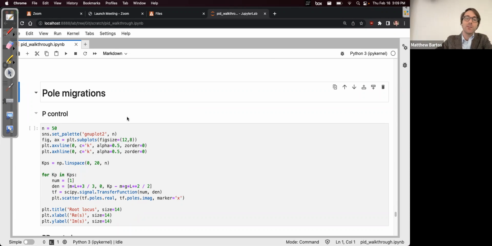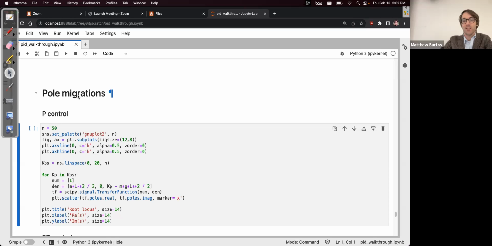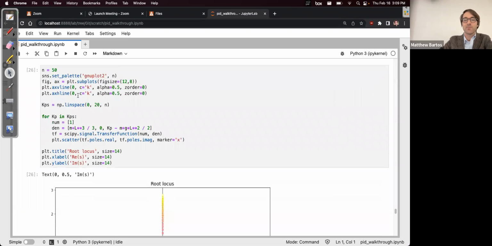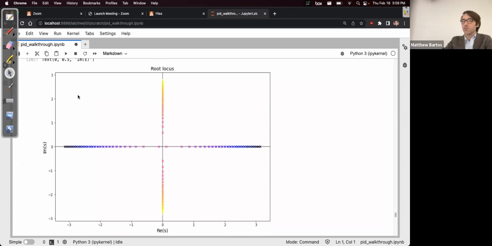One way you can look at this is by looking at what's called the root locus, which is how the poles move through the complex plane as you change those control gains. For proportional control, we're moving from dark to bright here. Initially our poles started off on the real axis, and as we increased the proportional gain, they moved towards the imaginary axis and then eventually moved up the imaginary axis and down the imaginary axis.